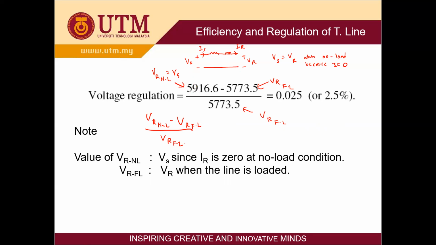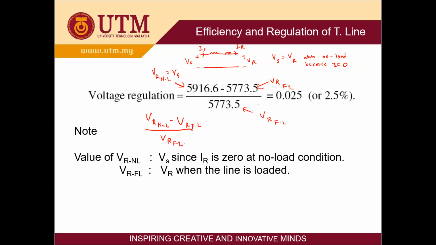So when there is no current, meaning that there is no voltage drop across the line. So Vs is equal to VR during no load, which is the voltage source, 5916.6. Okay, and this is the voltage during the full load, which is 577.35.